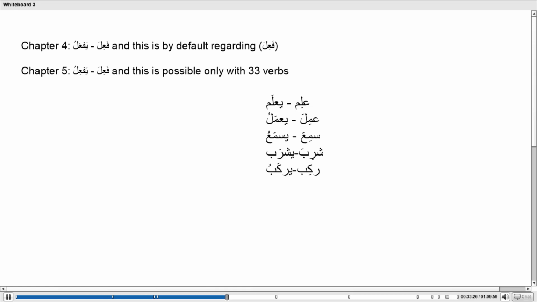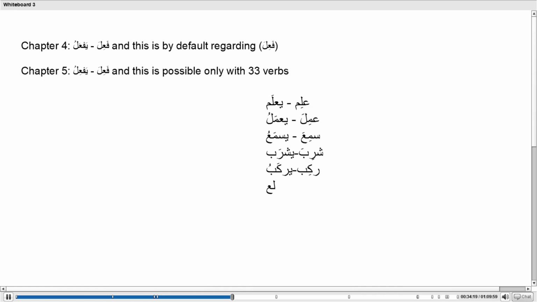And also, لتركبن طبقا عن طبق, as in Surah Al-Inshiqaq. Okay. ركب يركب.